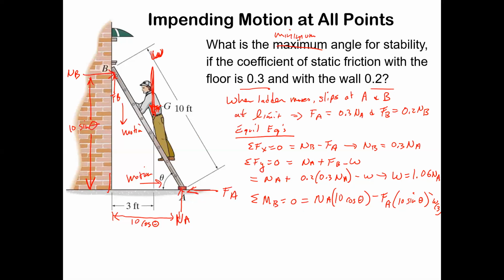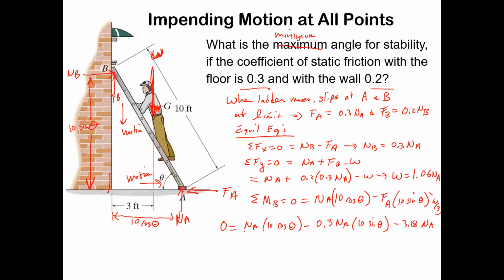Okay, and this has an angle in it, which is helpful. So we can actually say, all right, so 0 is going to equal NA times 10 cosine of theta minus 0.3 NA times 10 sine of theta minus 3.18 times NA.